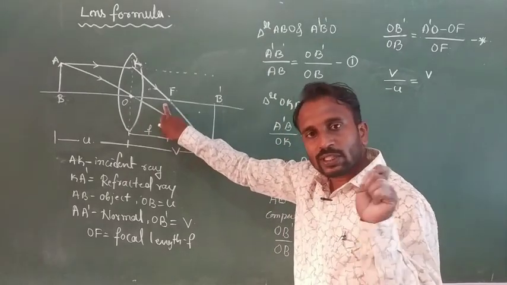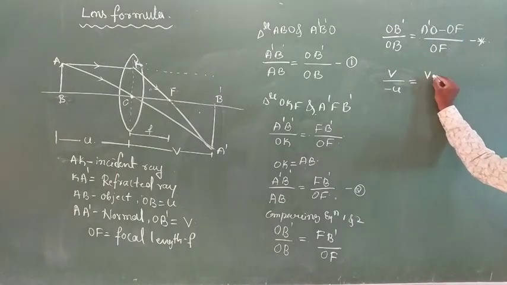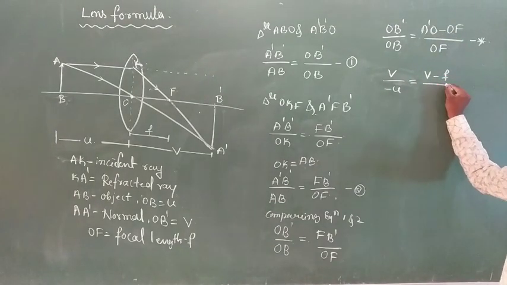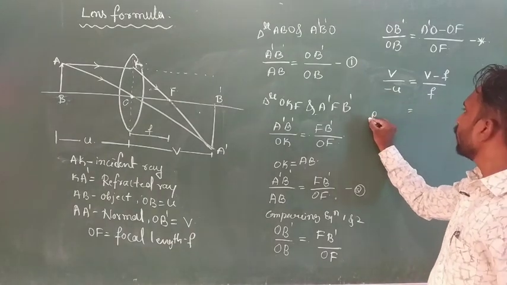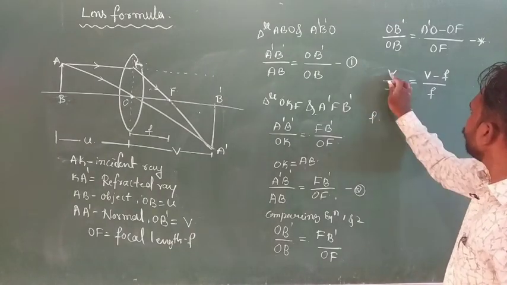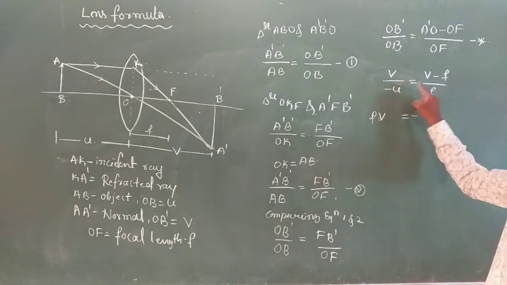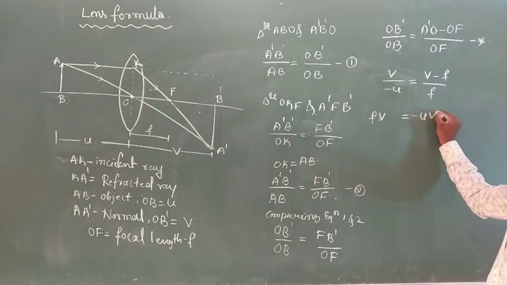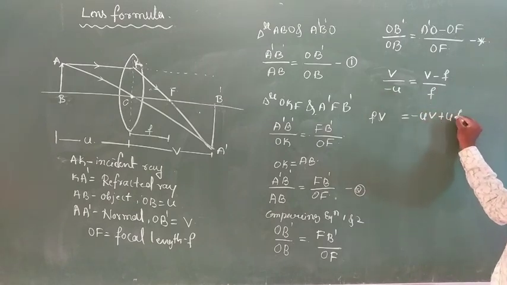Why? Because along the direction of incident ray, but here minus OF is there, it means minus F, divided by F. Okay, so cross multiplication, F into V is equal to minus U into V, minus into minus, plus UF.